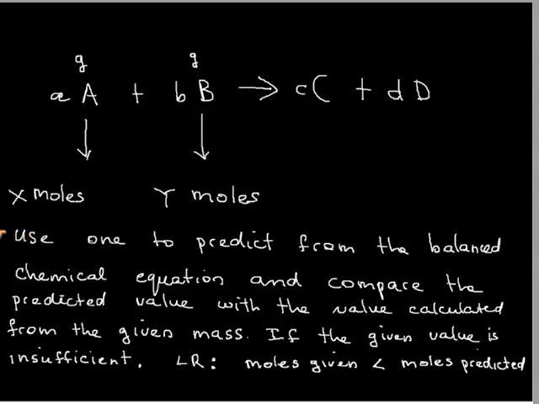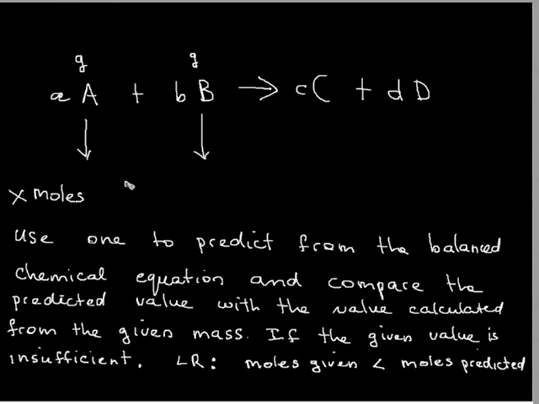What you will do then is to cover one of them. It doesn't matter which one you cover. You can either cover Y or X. And the one that you have not covered, use that to predict the theoretically required moles of the other reagent. So you can use X to predict how many moles of B you will need.